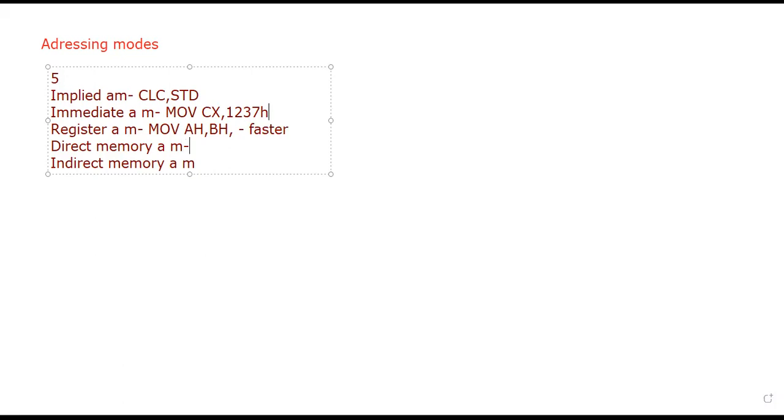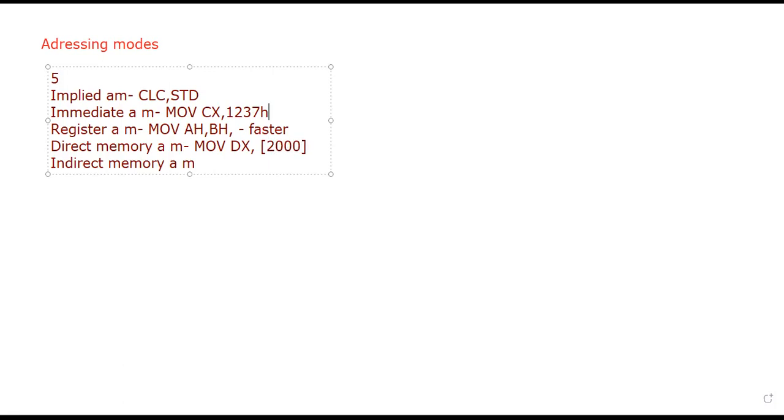Then direct addressing mode: here we are providing the memory address. You have to remember we have one more use of the square bracket. Suppose there is a destination, and we are interested in string operations, so for that we use the DX register first and some value. Here I can write any particular memory address, say 2000.